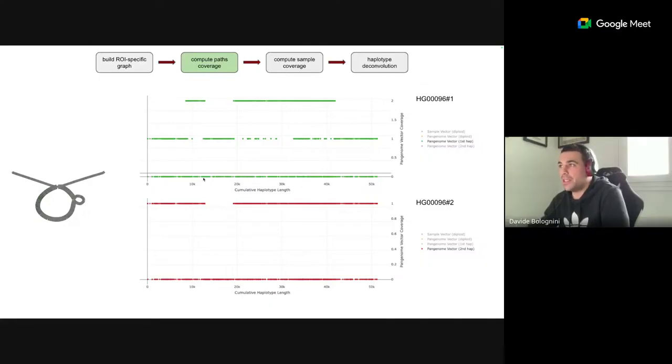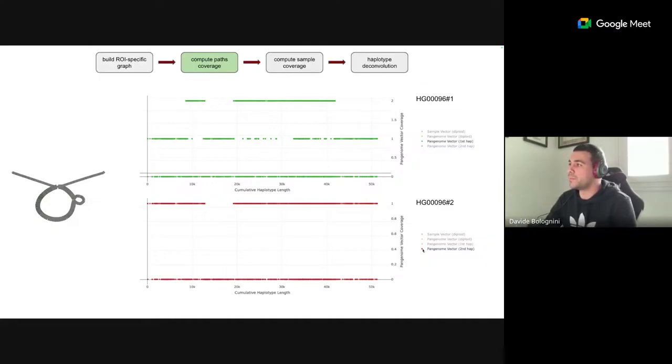So each point here is a node. What you see on the x-axis is the cumulative length of all the nodes that are in the graph, and you see that some nodes have coverage 2, which means that path crosses that node twice. Some others have 1, and some others have 0 because those nodes are not represented in that path.